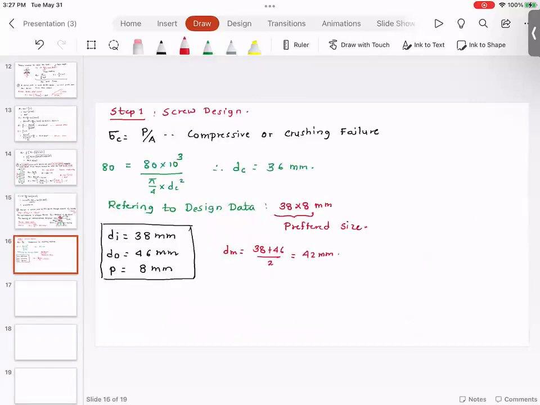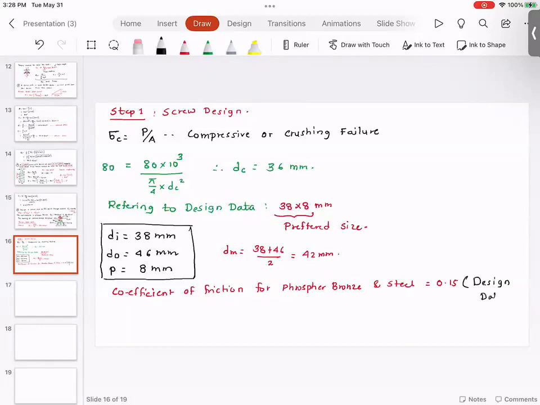So what we will do is we'll find out the coefficient of friction for phosphor bronze and steel, and that is 0.15. This information also comes from design data.